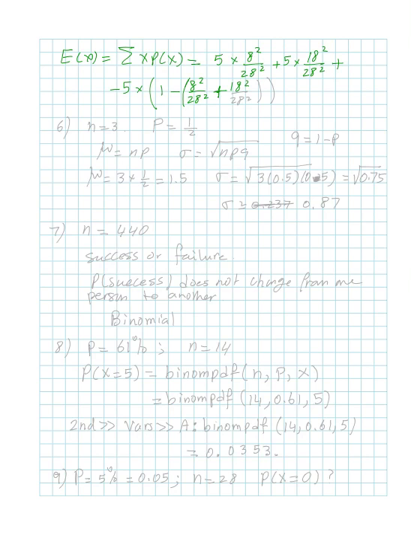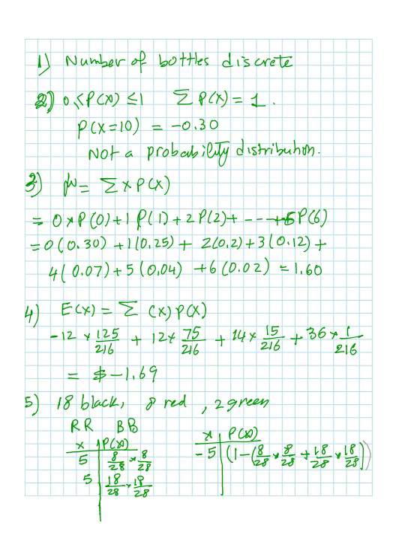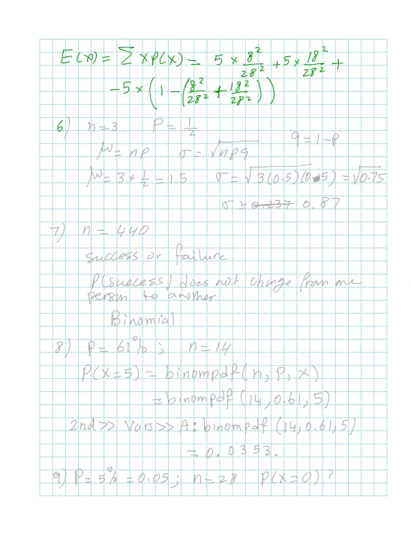E of x equals sum of x p(x), which is 5 times 8 squared over 28 squared plus 5 times 18 squared over 28 squared, plus the probability of losing now, -5 times 1 minus 8 squared over 28 squared minus 18 squared over 28 squared.